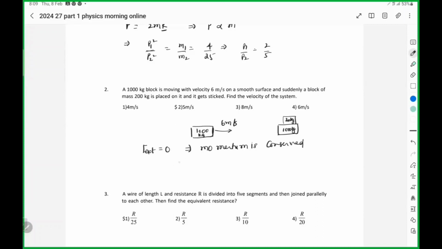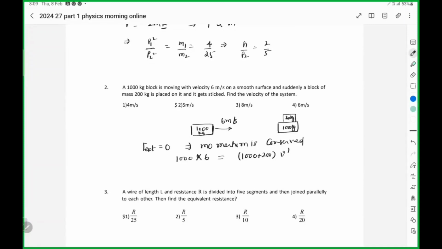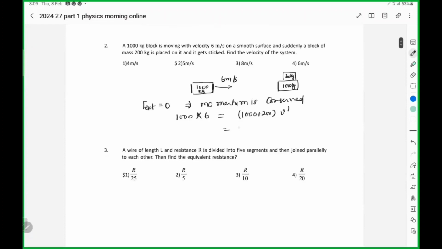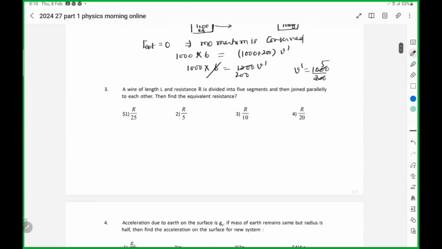Initially 1000 kg is moving with a velocity; this is the momentum before placing the 200 kg mass. Momentum after placing the 200 kg mass: they may move with some other velocity, which is 1200 v dash. So v dash is 5 meters per second.